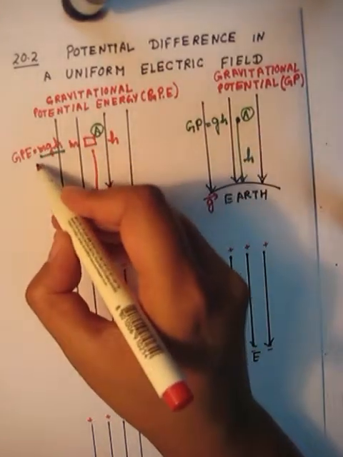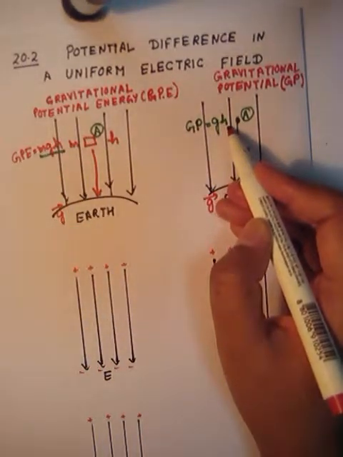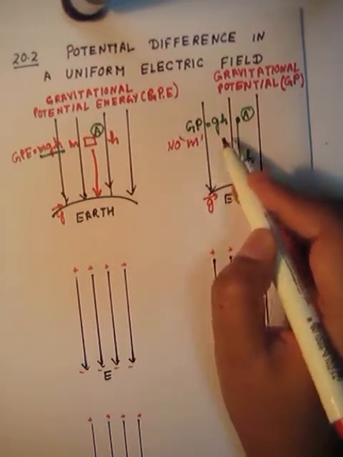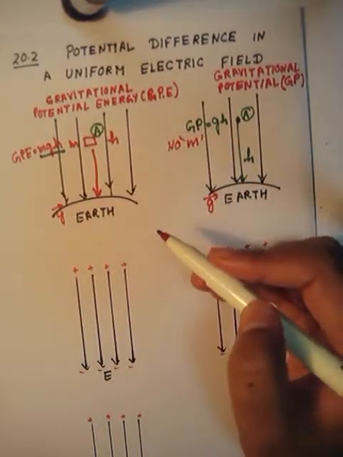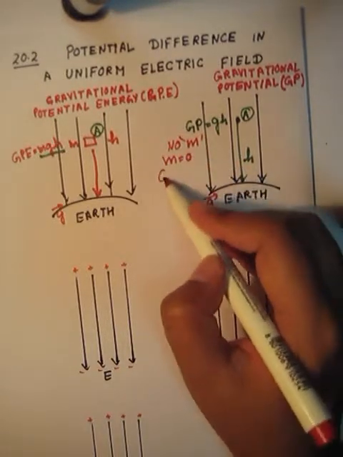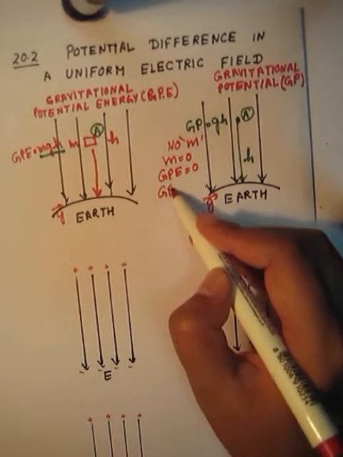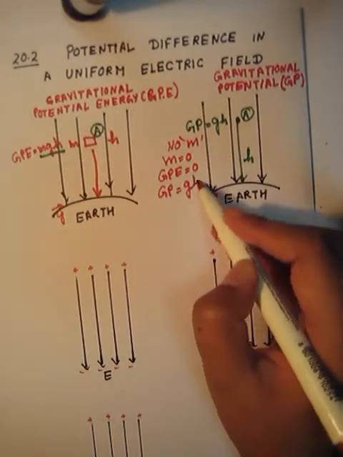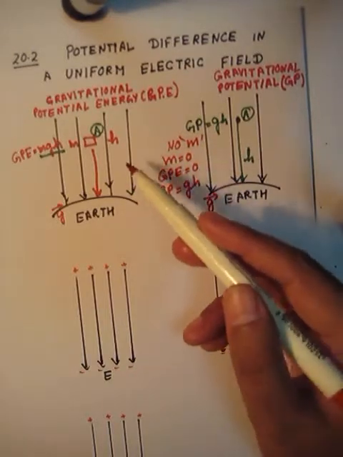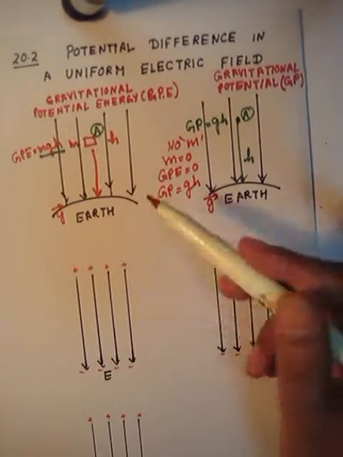So the gravitational potential energy is mgh and the gravitational potential is gh, and no m is needed to find the gravitational potential. If m is 0, the gravitational potential energy is 0, but you still have gravitational potential, which is given by gh. This understanding is very important because it is similar in electrostatics, with electric field and electric potential.